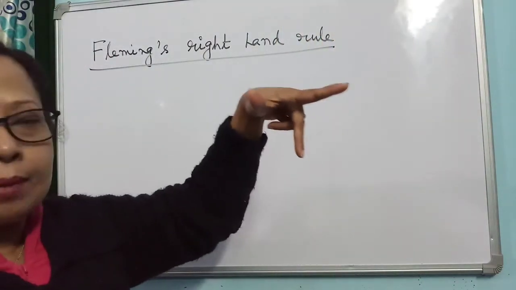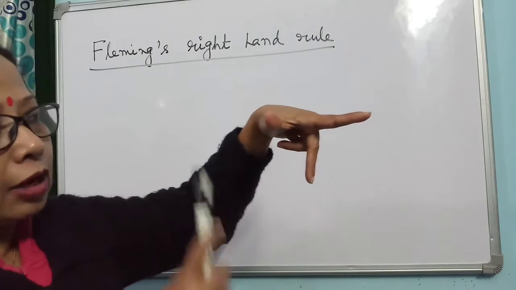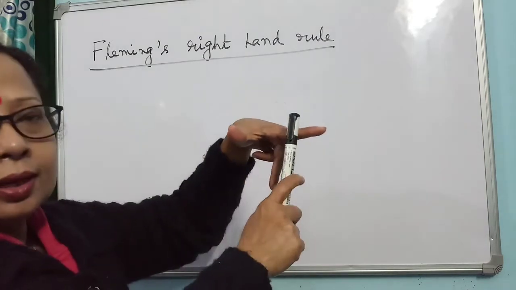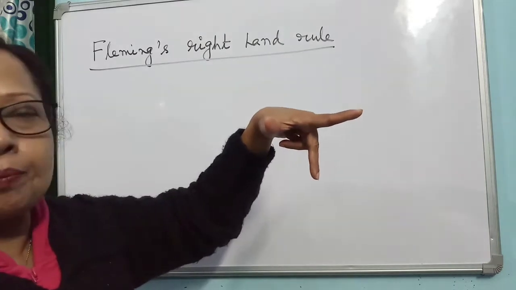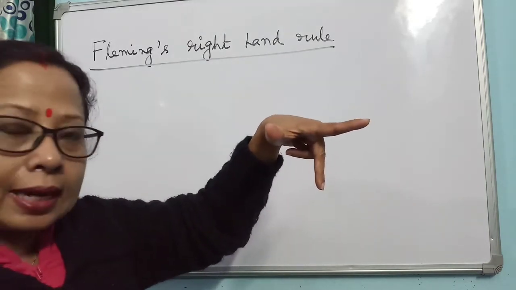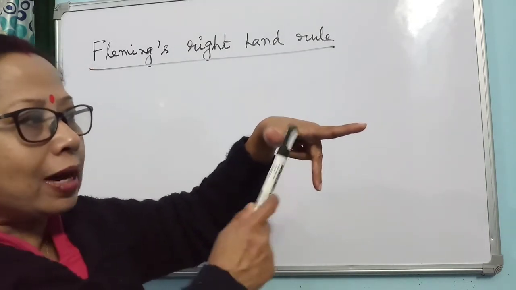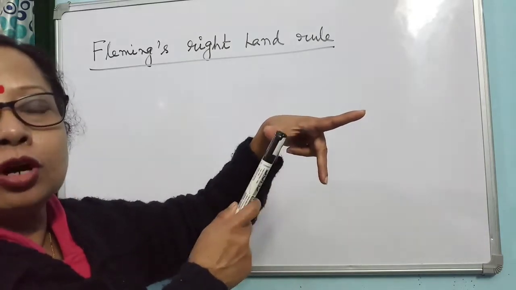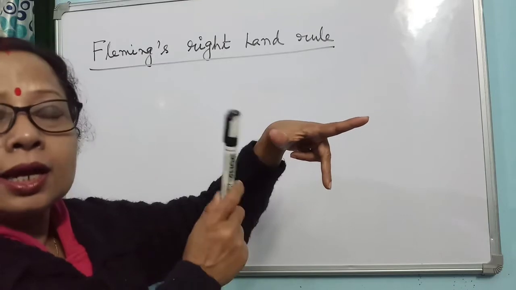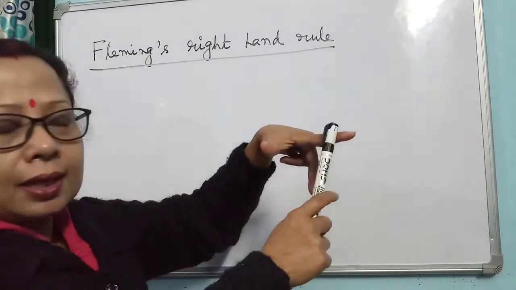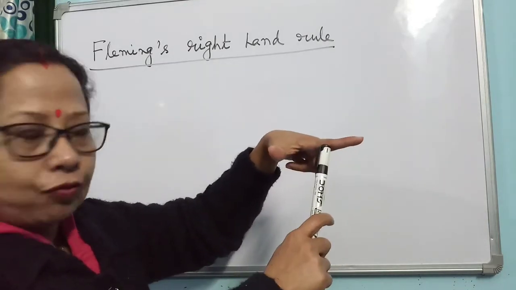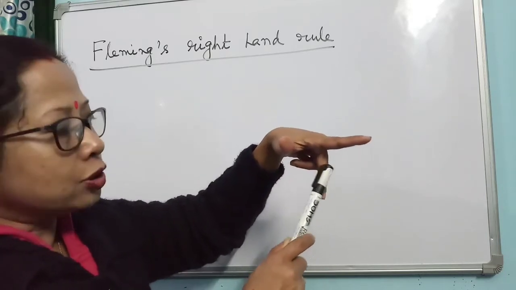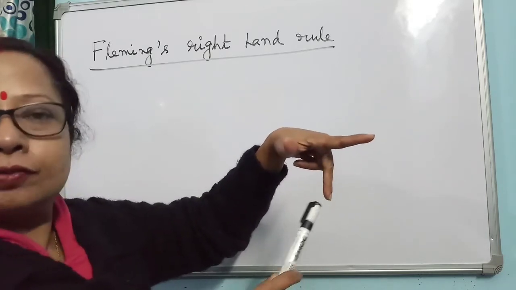In Fleming's left hand rule, you set the thumb, index finger and middle finger perpendicular to each other. I said father, mother, child. Father means the direction of the force in which the conductor will move. Mother, M, is the magnetic field. Then current, C, child, is the direction of the current.